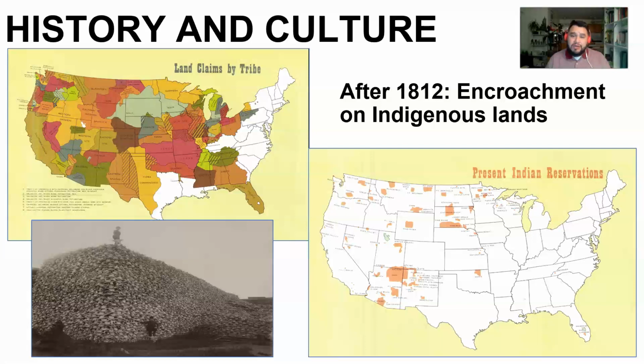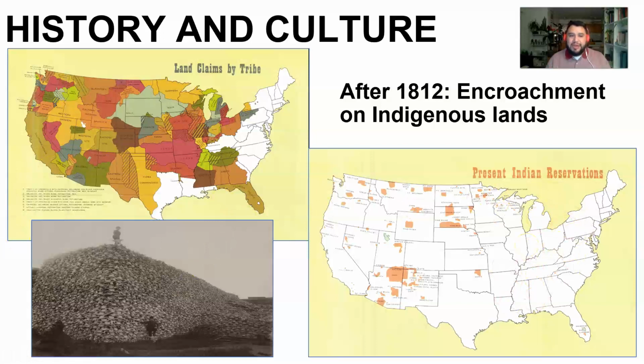What this is going to mean for Native Americans, however, is further encroachments on their lands, especially after 1812, when the United States begins a series of wars in the Ohio Valley, for example, to claim more land.